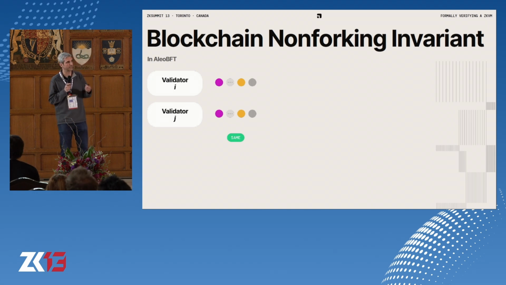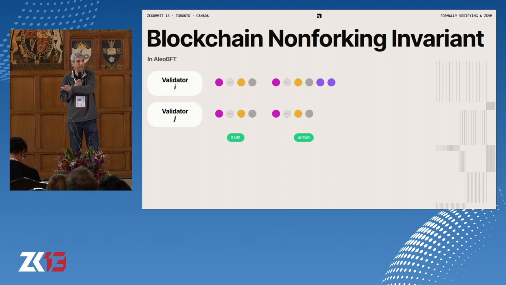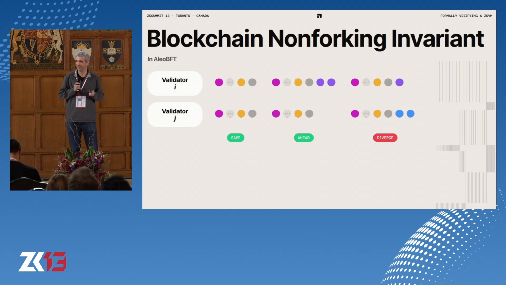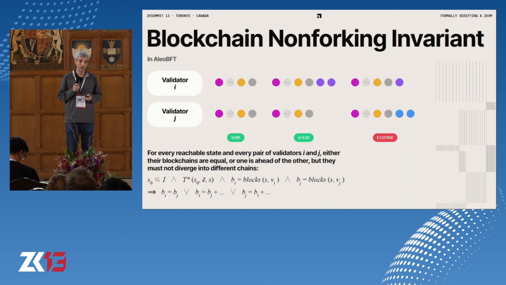Sometimes they have the same blockchain. That's perfectly good. One may be a little ahead. That's okay. That can happen. But they cannot be incompatibly ahead of each other, because that would be wrong. And so we proved that for every reachable state from the initial state, you will never end up in a state where they have forked. So blockchains never fork. That's the formula, just if you're interested.